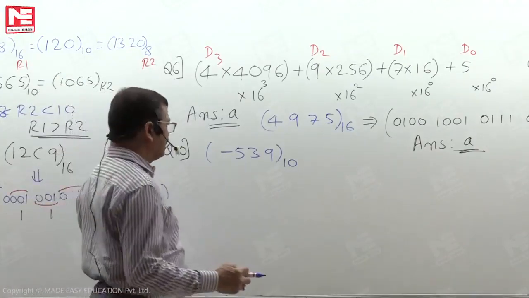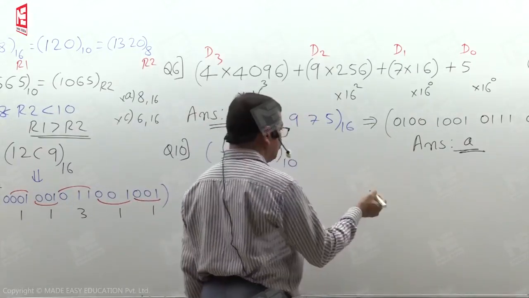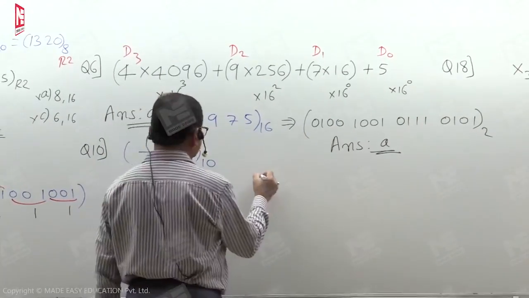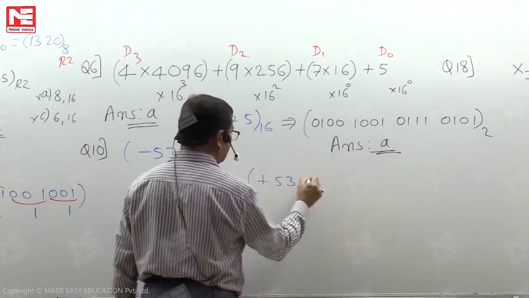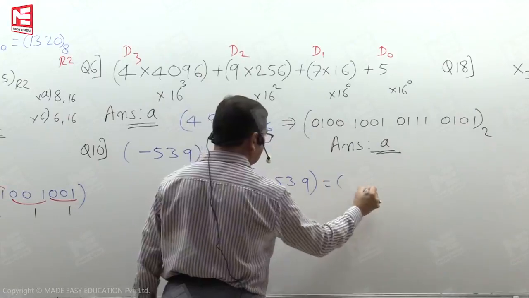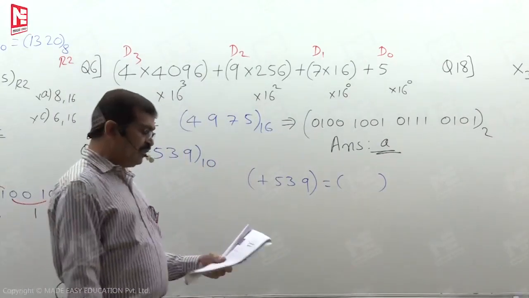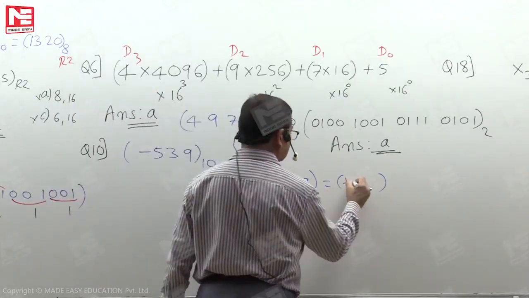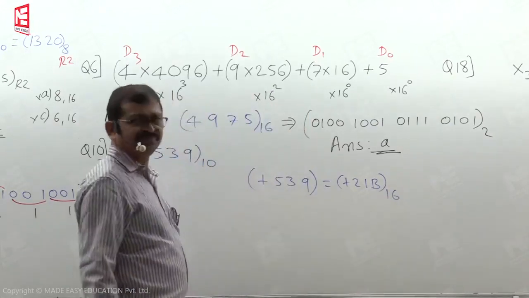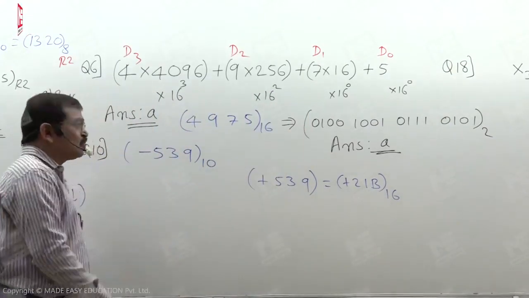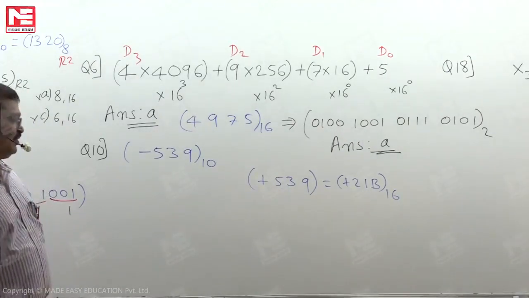So when you want to express this number in 2's complement form, of course in the hexadecimal format, let's look first at plus 539. What is the hexadecimal equivalent? For plus 539, the hexadecimal equivalent will be plus 21B. If you try well, it is the hexadecimal equivalent. We want the 2's complement form in the hexadecimal format.